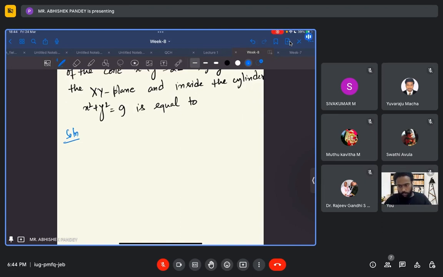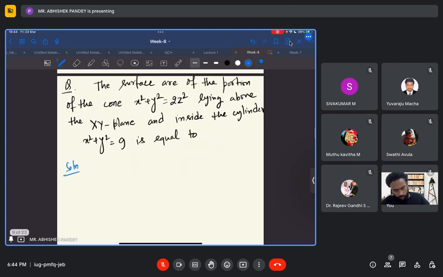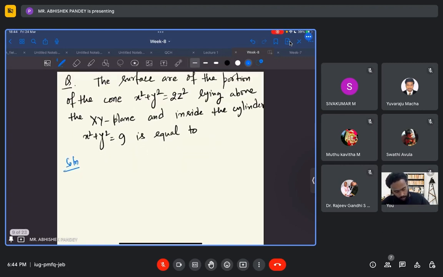So now you can see that the surface S is given by z equals g of x comma y, which is under root of x square plus y square by 2.